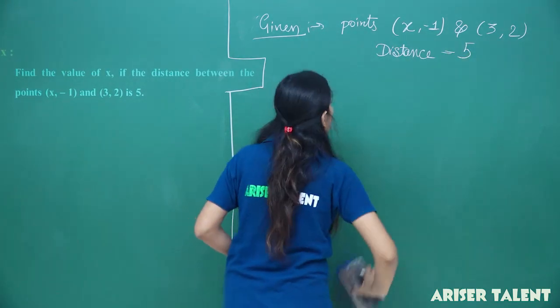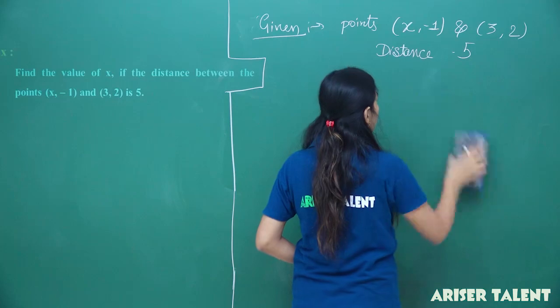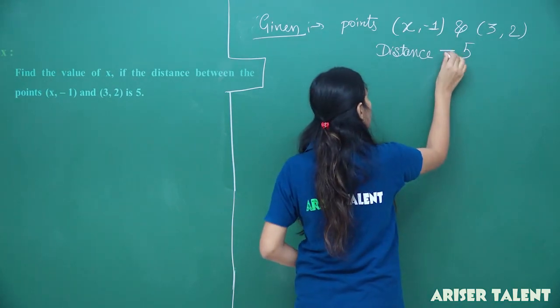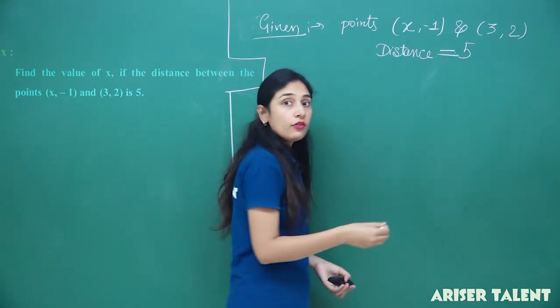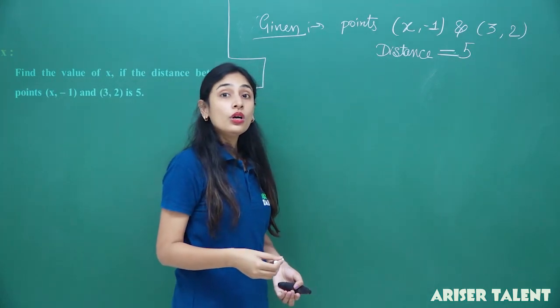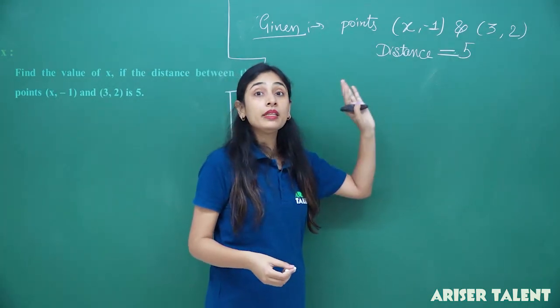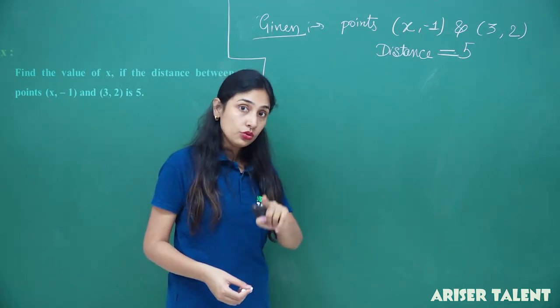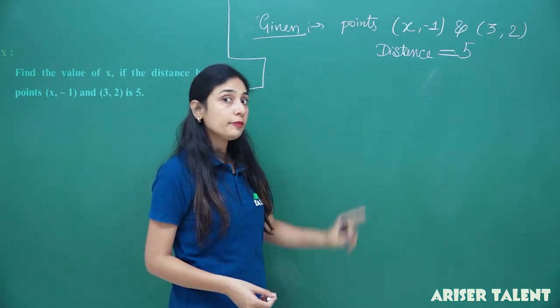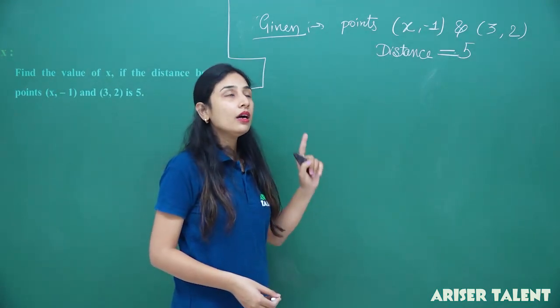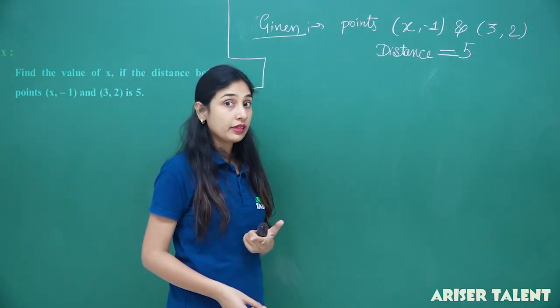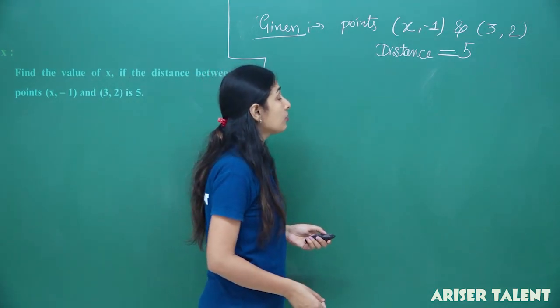What is distance? Distance is given as 5. Can it be minus 5? Can distance be minus 5 also? No. Distance can never be negative, so you have to take care of that. Distance cannot be negative. I've told you in my first or second lecture of this chapter, I guess. So you can revise from that also.